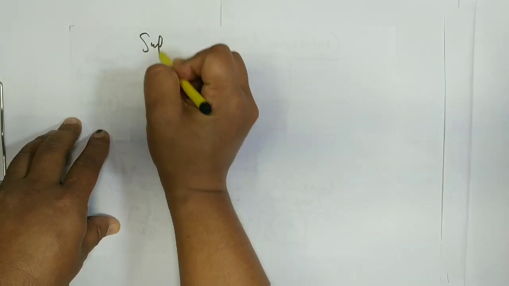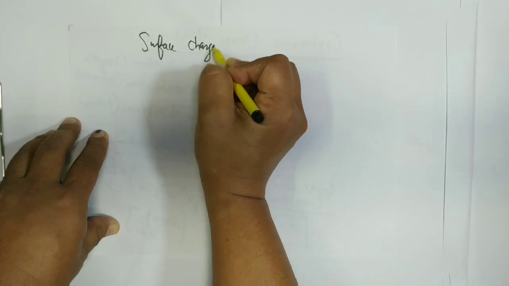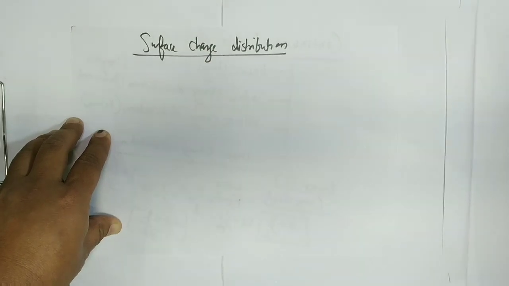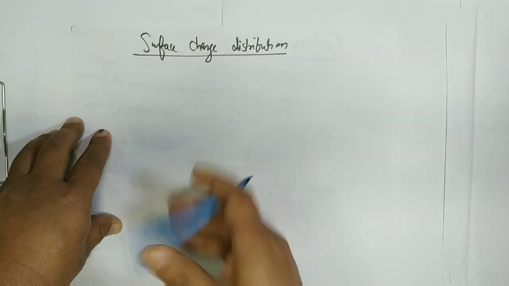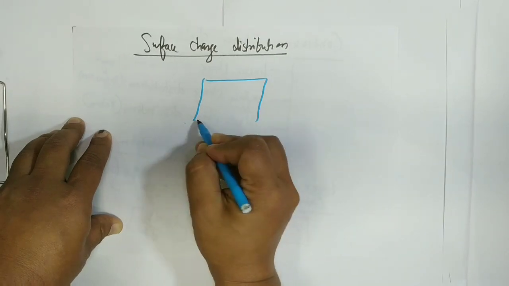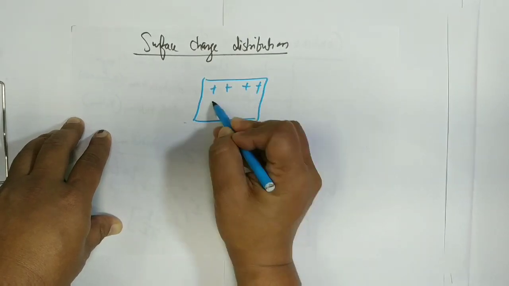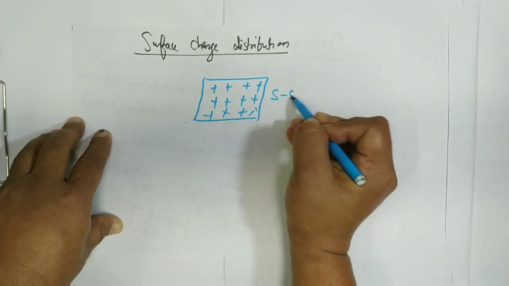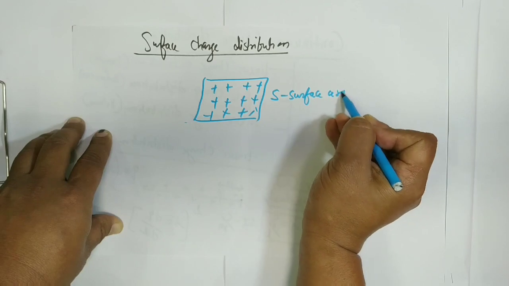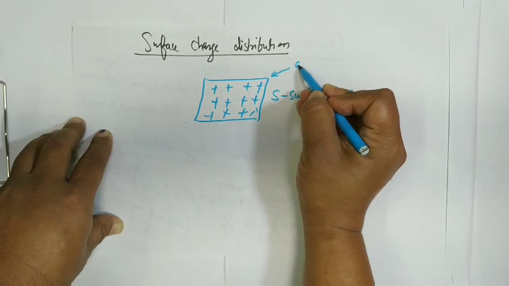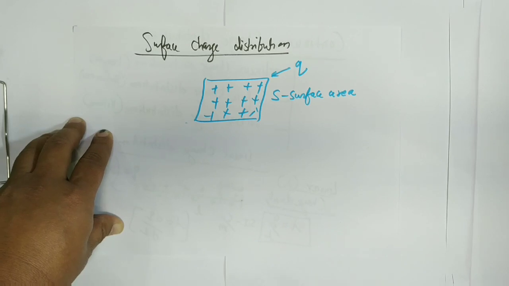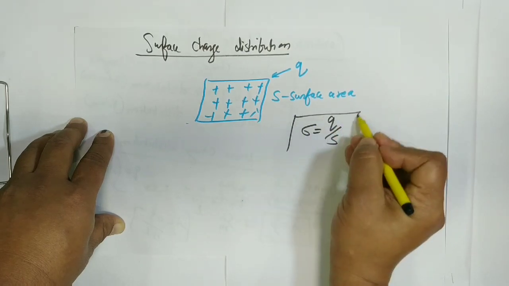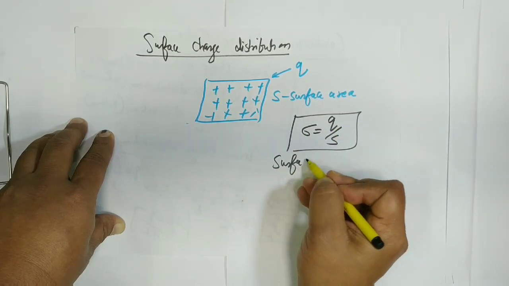And then surface charge distribution. For a surface charge distribution, it is simple. You take any charged surface like this one, having a charge on its surface, and say S is the surface area and Q is the charge on it. Then there will be another quantity, sigma. Sigma is charge per unit area. So sigma is denoted for surface charge density.